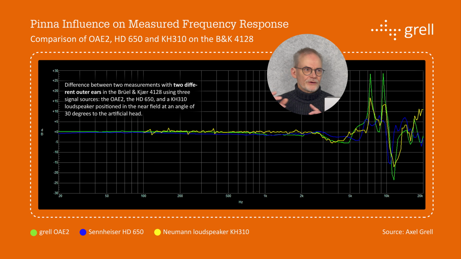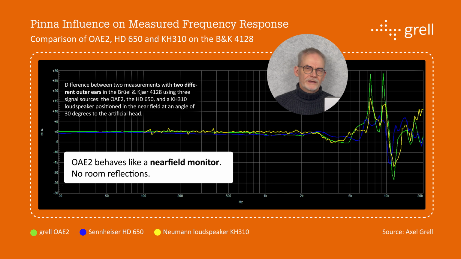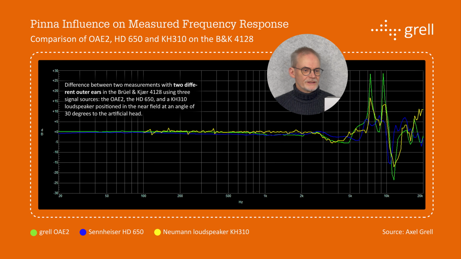And so the differences are a little bit flattened by this room influence. So you don't have the room influence with the headphones. So they're more behaving like a perfect near field monitor, something like that. But the HE650, as you see, is not reacting that much to the ears as with the speakers or with the OAE2.